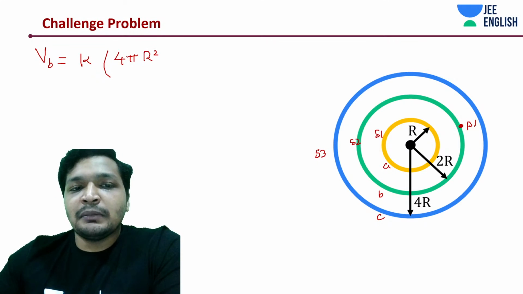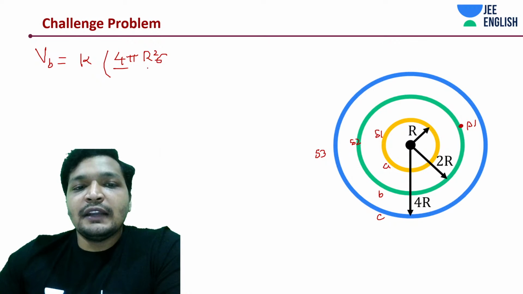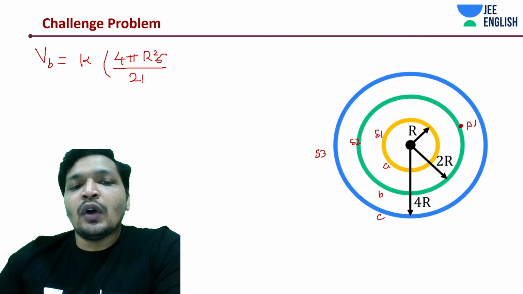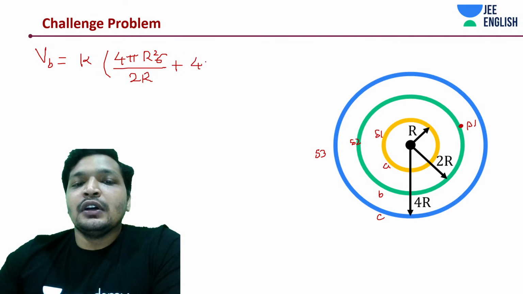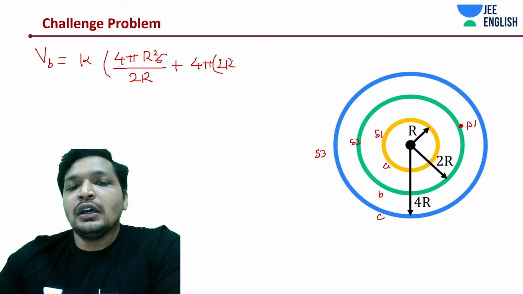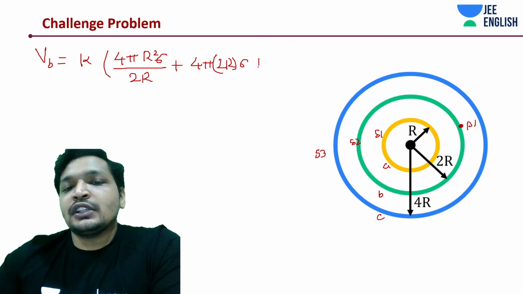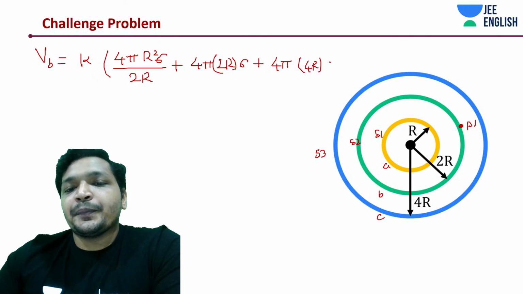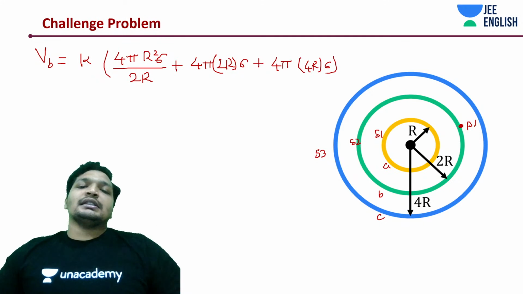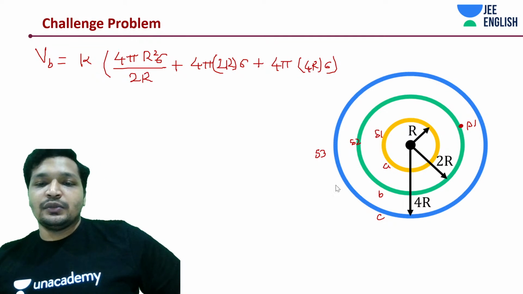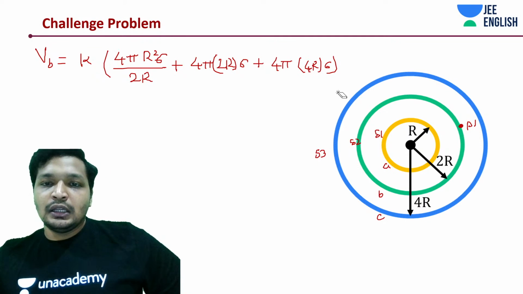We can take out sigma common, but let's do that later. Divided by 2R, not R anymore. Plus, from the earlier one, it's basically going to be 4 pi 2R into sigma. And the next one is going to be 4 pi 4R into sigma. Just take out the sigmas as common.